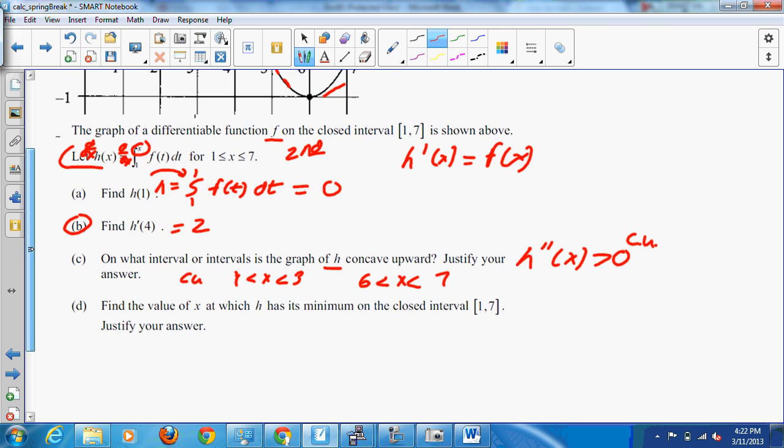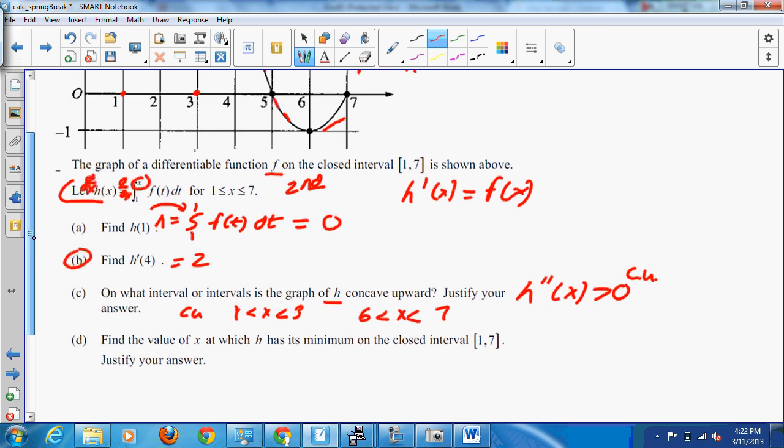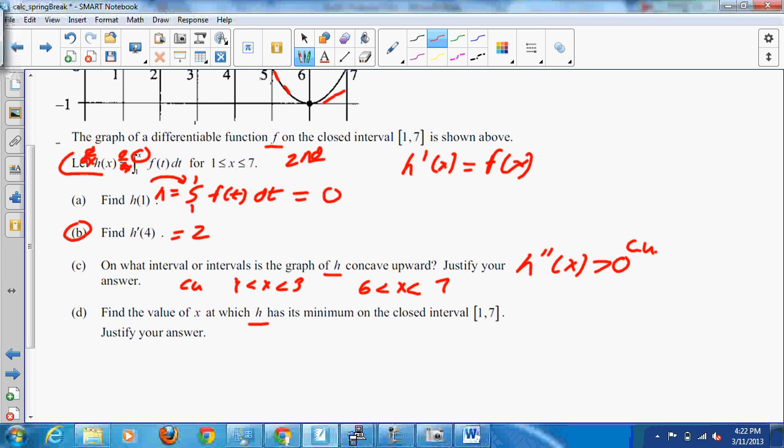Alright. Now on to part D. Find the value of x at which h has a minimum on the closed interval from 1 to 7. Okay? So we need to consider the endpoints, and the other endpoint would be 7. And then we also need to look at any relative minimums that we might have.